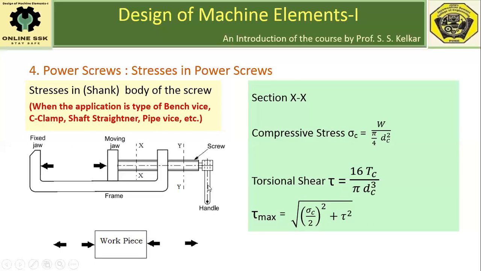So P into LB will be the torque as given by the operator. The operator force P multiplied by length of the bar or handle will represent the total torque as given by the operator.